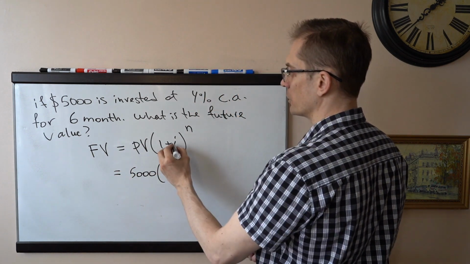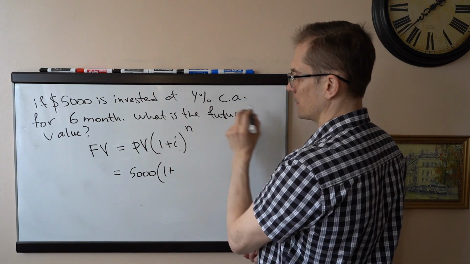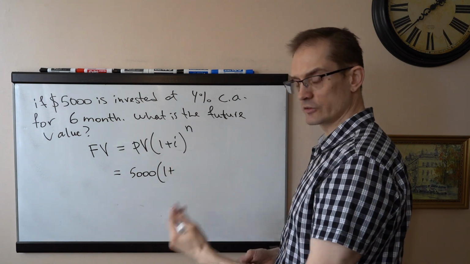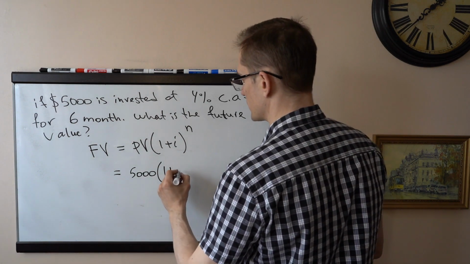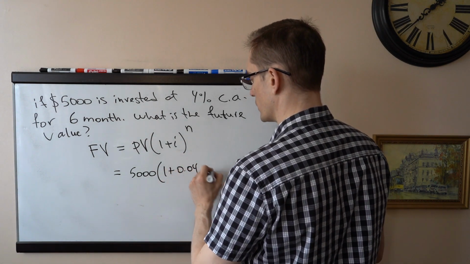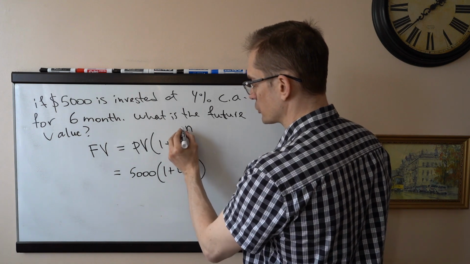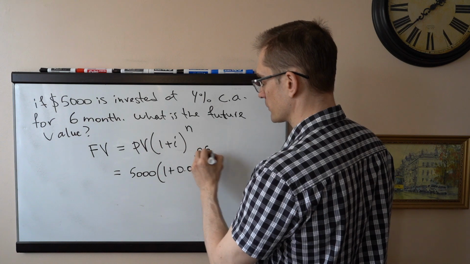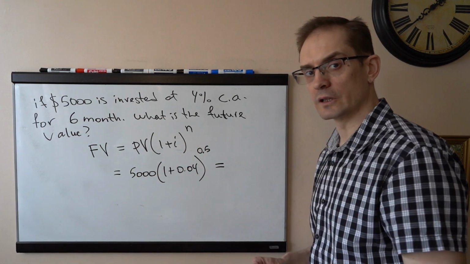And then when it's compounded annually, your nominal rate is the same as your periodic rate, because the period is 1 year and the nominal rate is also for 1 year. So in this case, it will be 0.04. Okay, and the total number of periods in this case is 0.5 because it's half a year. See, that's the trick. That's the trick.